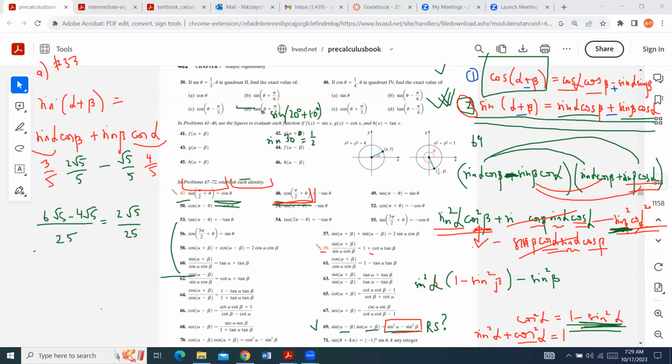So that way I get no more of these cosines, because again, my goal is to get a pair of sines. So you always need to check and see what your end result has to be. So it's 1 minus sine squared. Okay, and now I'm going to see what this is going to do for me.